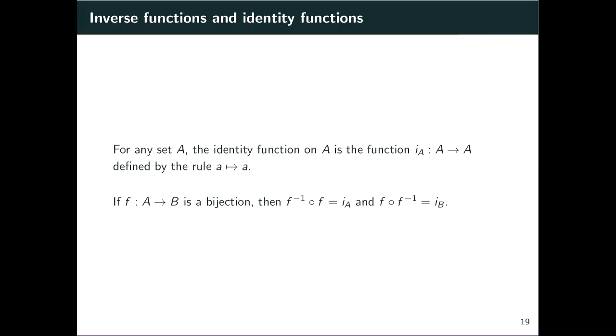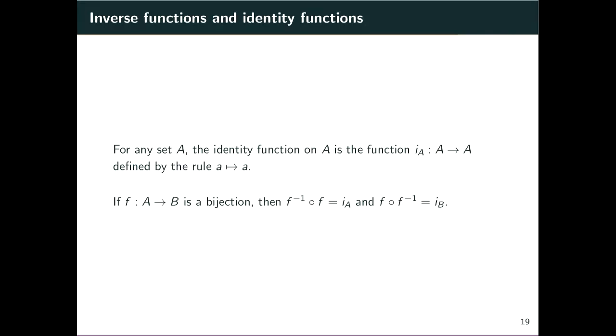First I need to define something. If we have a set A, we define the identity function on A as I sub A, which sends elements of A to the same thing, so it maps A to A. It's basically doing nothing.